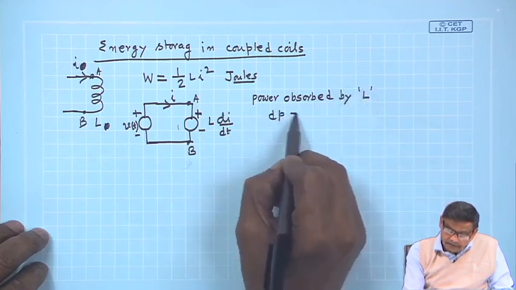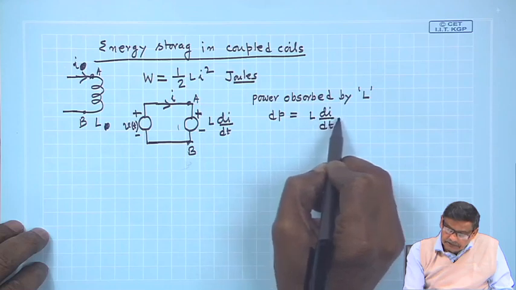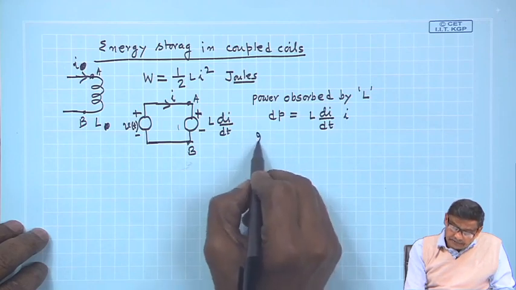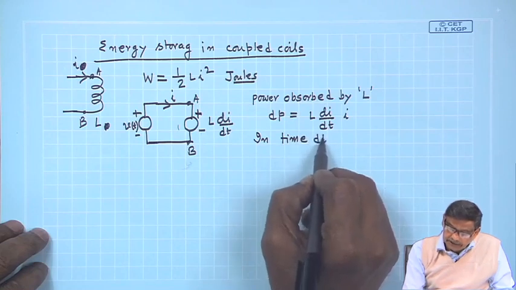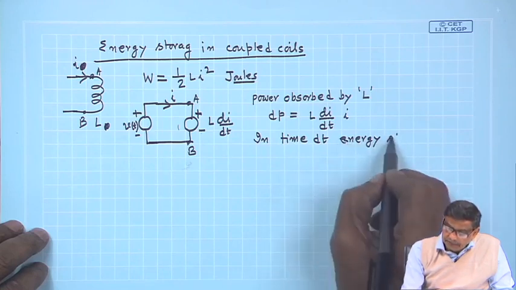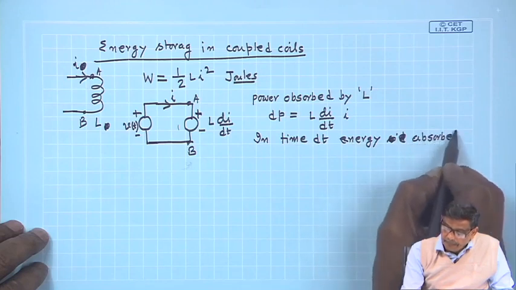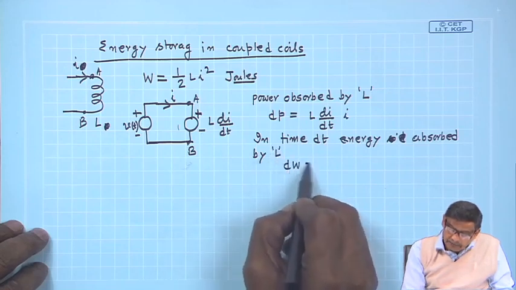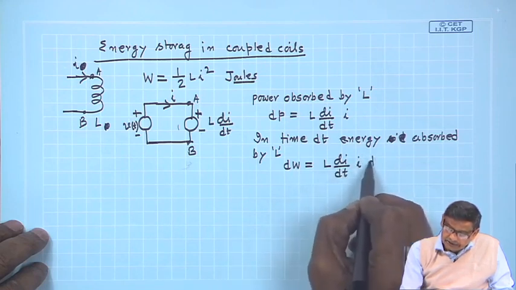is dP equal to the voltage across it into the current I. Suppose in time dt, the energy absorbed by L is, let us call it dW, and it will be L dI/dt into I into dt.